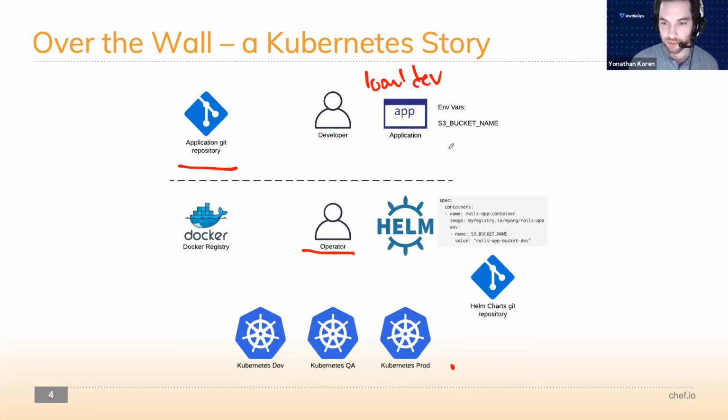And when it comes to deploy, they knew the particular environment variables required for the application. And they would essentially tell me, when you deploy this application, this S3_BUCKET_NAME variable needs to be set and point to the respective S3 bucket in that environment.